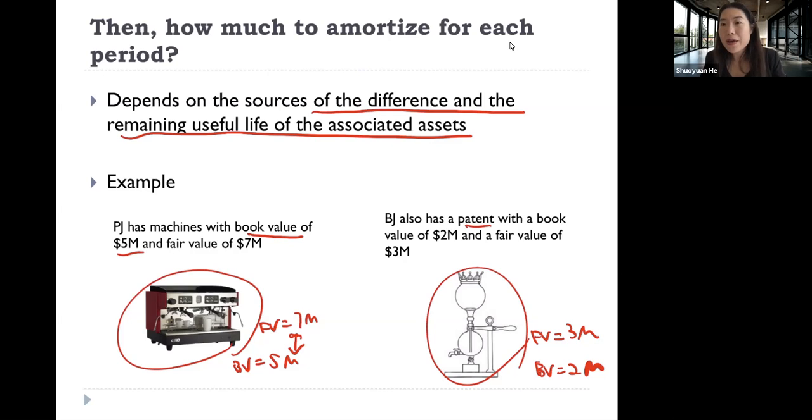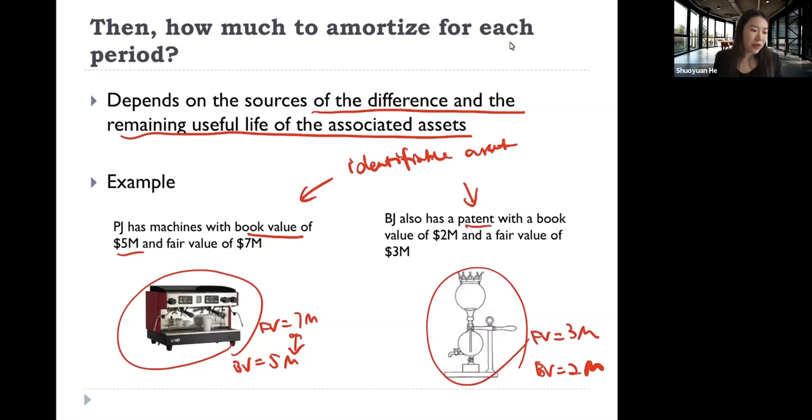The firm may be paying more because it thinks the firm has some asset which has a fair value higher than its book value. So let's just suppose those are the only two identifiable assets that have a difference between the fair value and book value.